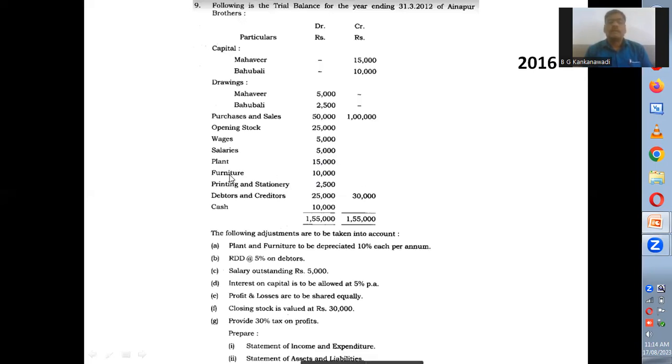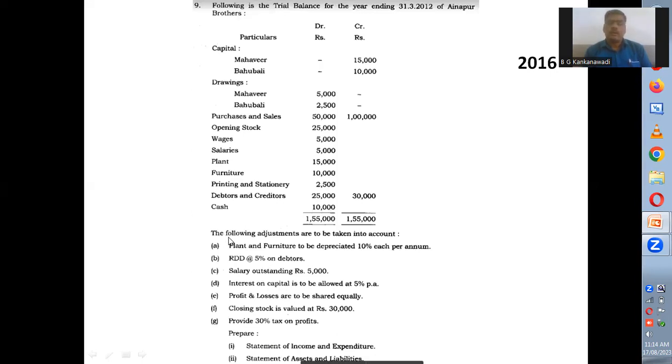Thereafter, debtors and creditors go to the balance sheet statement. Debtors come under the asset side and creditors under the liability side. You take as per the given direction. Cash 10,000 goes to the asset side under the cash and cash equivalent head.